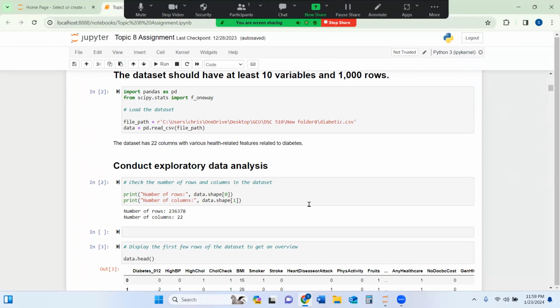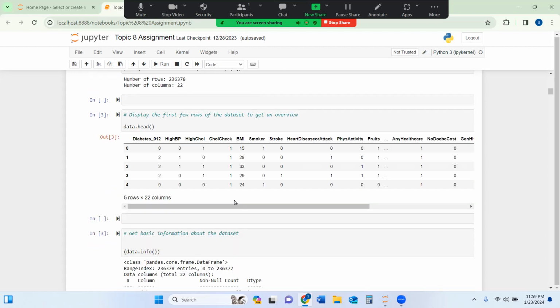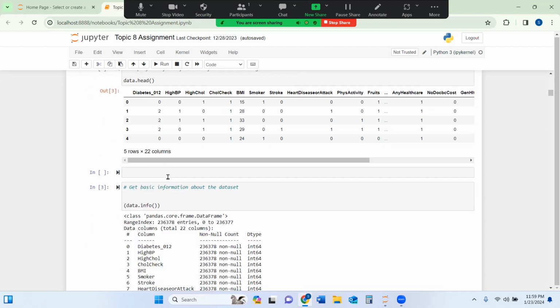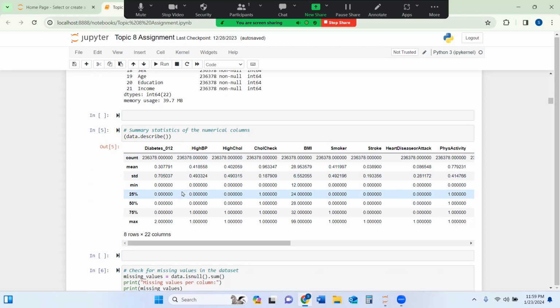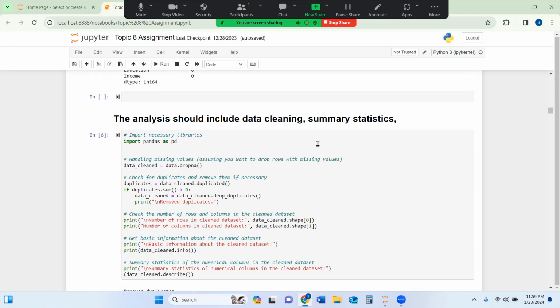The approach used in EDA is to find hidden patterns or relationships, which includes summary statistics here. After I loaded the data set, I looked at the summary statistics here, and I checked for missing values.